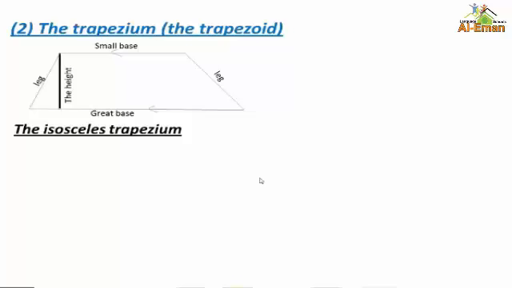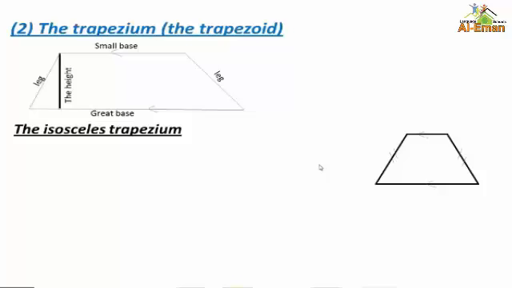The isosceles trapezium at the first. The isosceles trapezium has two bases, a small base and a great base, which are parallel, and has two legs that are equal in length.